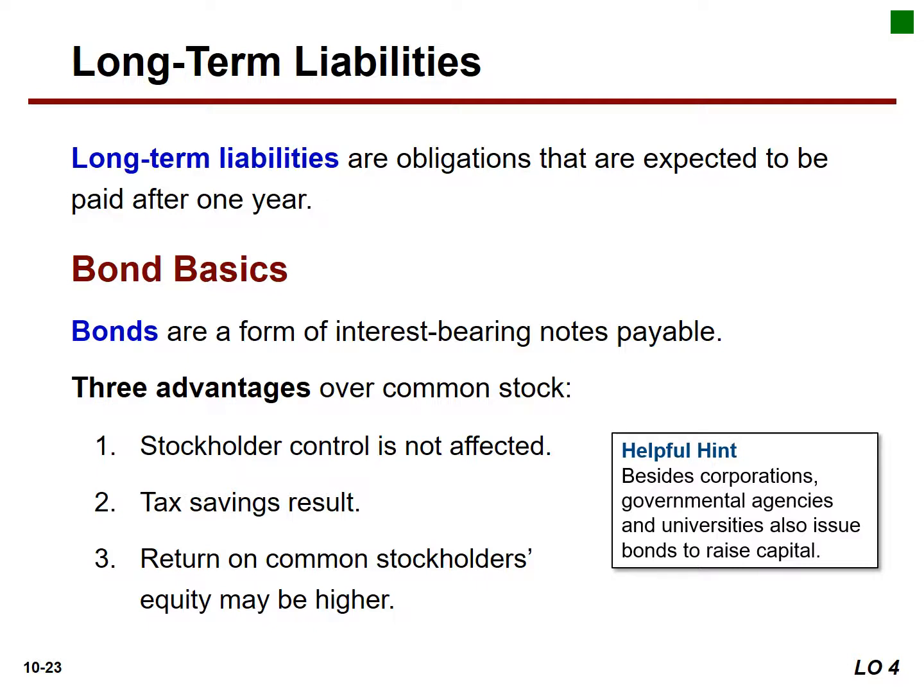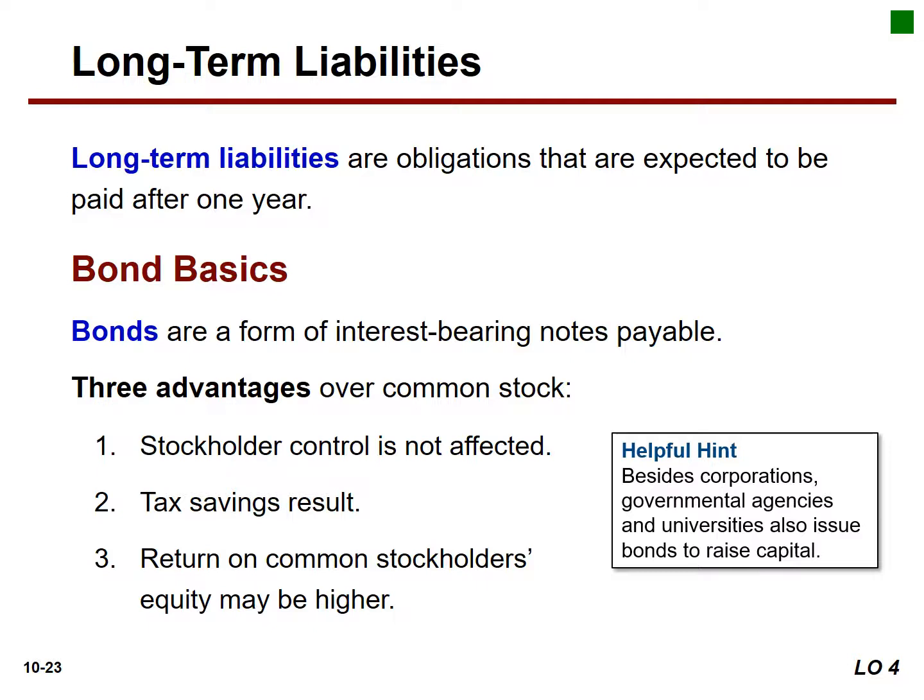And because the number of shares outstanding is used in calculating the return on common stockholders' equity, which is a profitability ratio, because fewer shares are outstanding, that's going to keep the return on common stockholders' equity higher. Of course, one of the disadvantages that bonds have versus stock is that the money must be paid back.